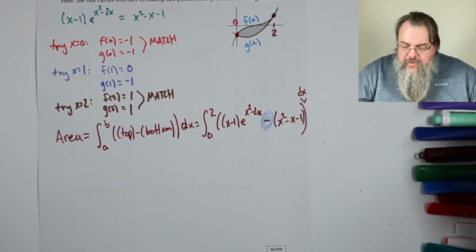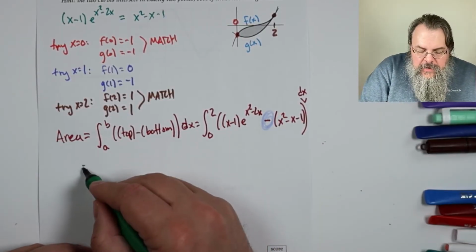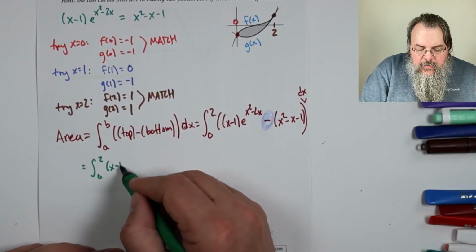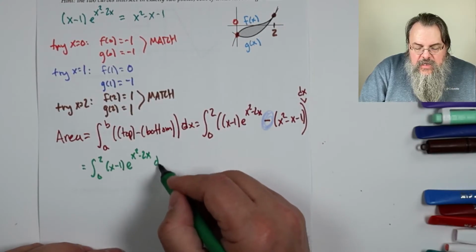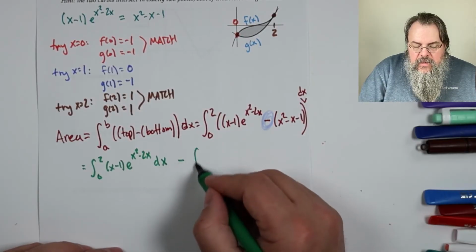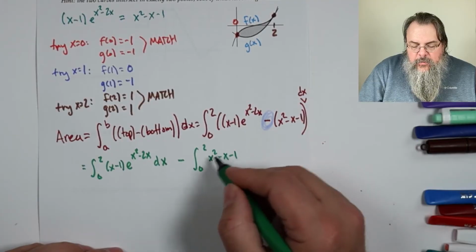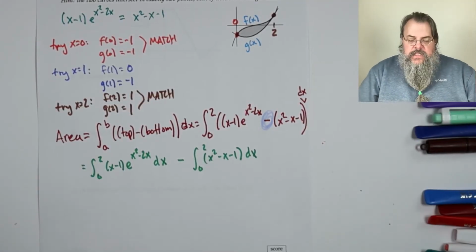So let's break this into two parts. So we have the integral 0 to 2 of x minus 1 e to the x squared minus 2x dx minus integral 0 to 2 x squared minus x minus 1 dx.